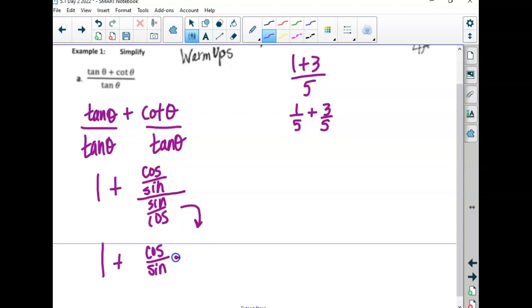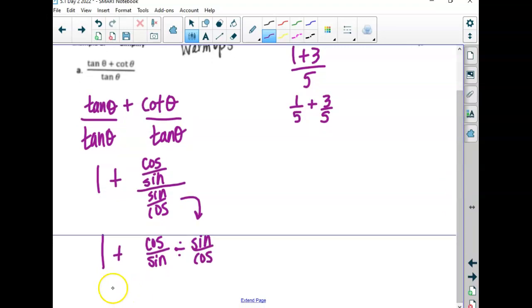Do you want me to write it out? Maybe I'll write it out. If you don't write this step down, that's fine, but it's currently being divided by sine over cosine, which means when you flip it over, it becomes cosine over sine. Okay.